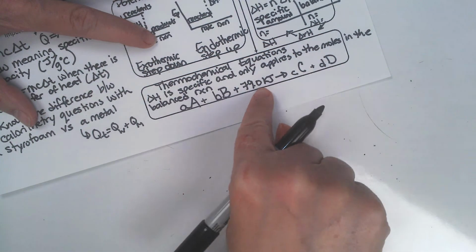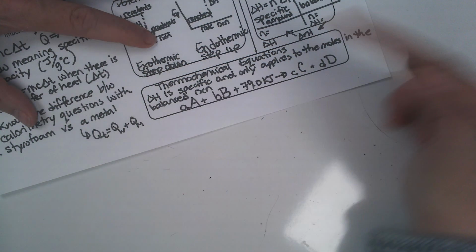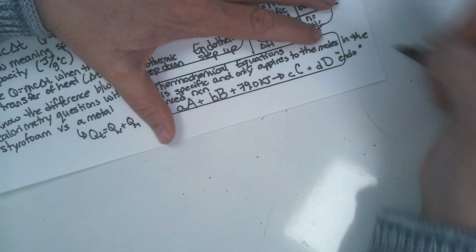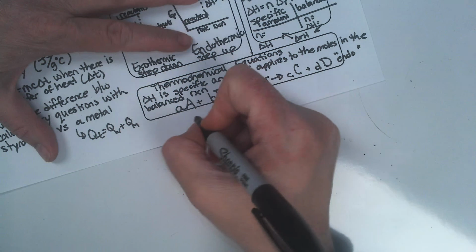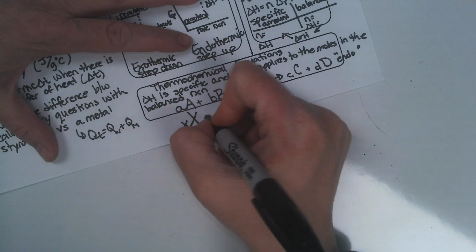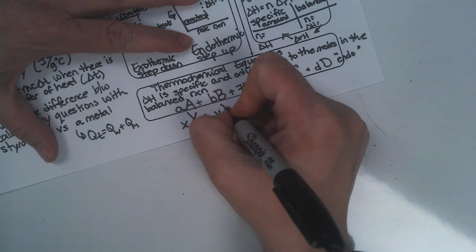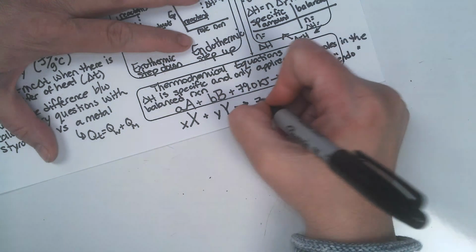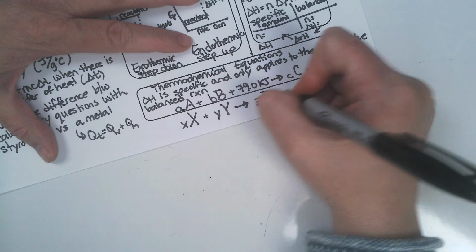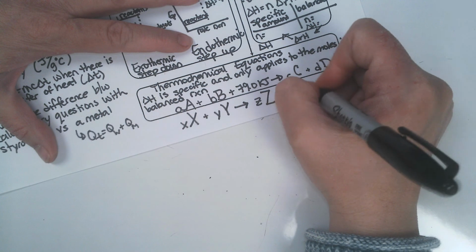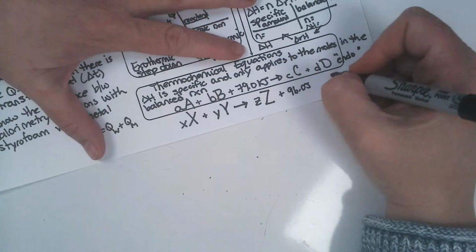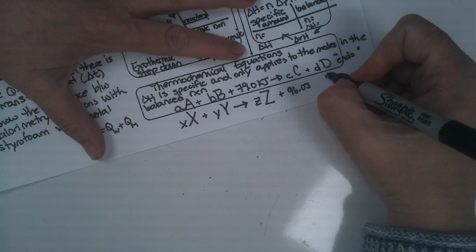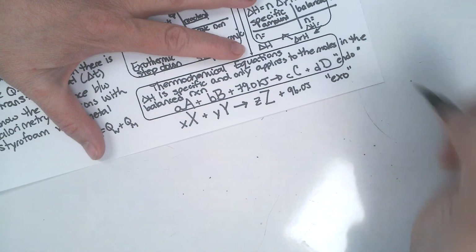Because our energy is written on our reactant side, we know that this is endothermic. And if we were to have it like this, we would say that because the energy is on the product side, it was released, it's exothermic.